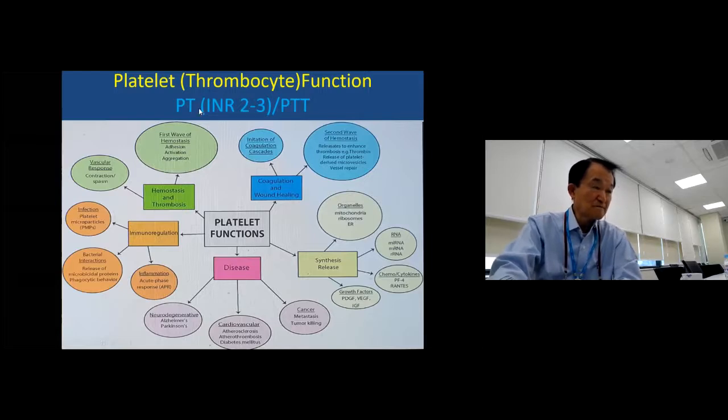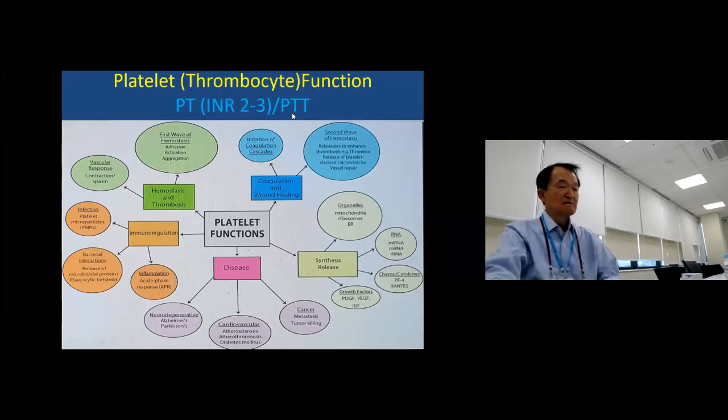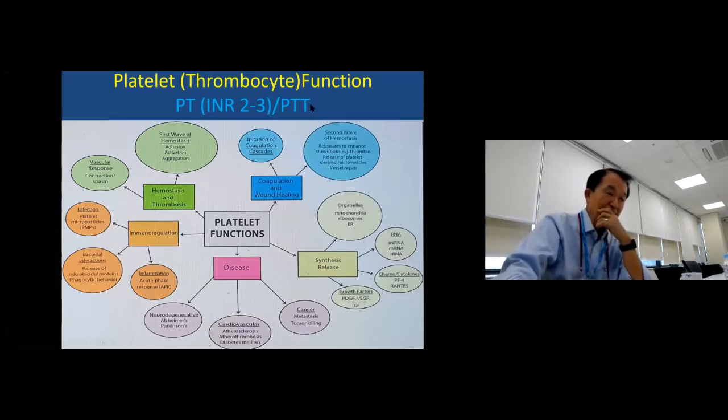As I mentioned, prothrombin time is usually 10 to 12 seconds, but if that's normalized by a sort of average value, that's called the international normalized ratio. So 2 to 3. And there's the partial thromboplastin time.